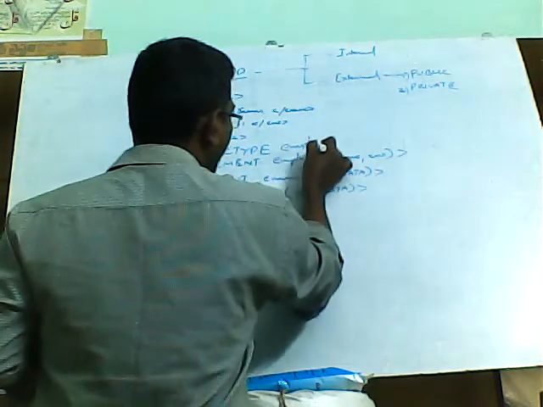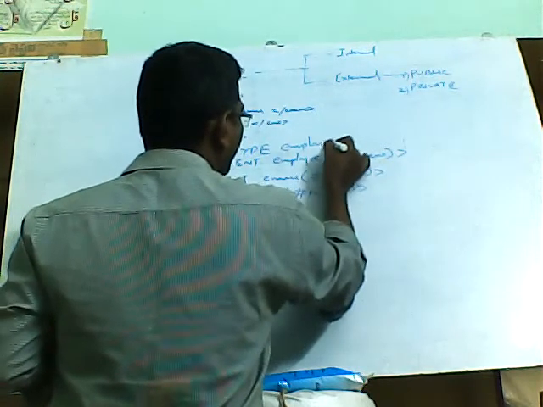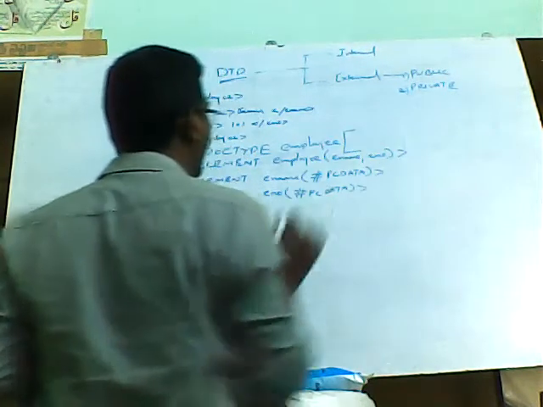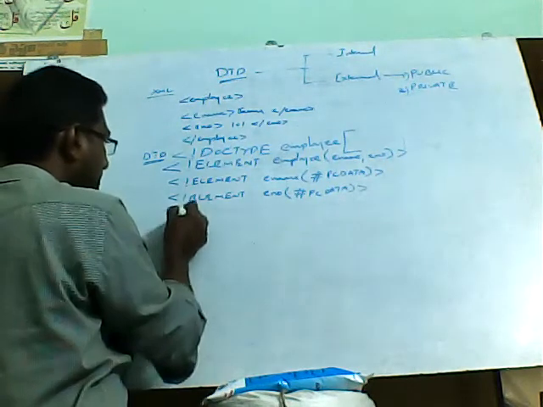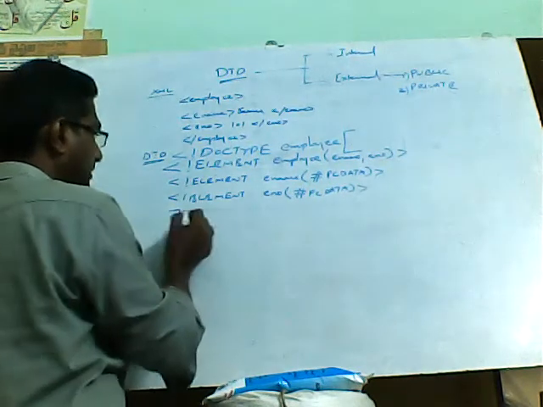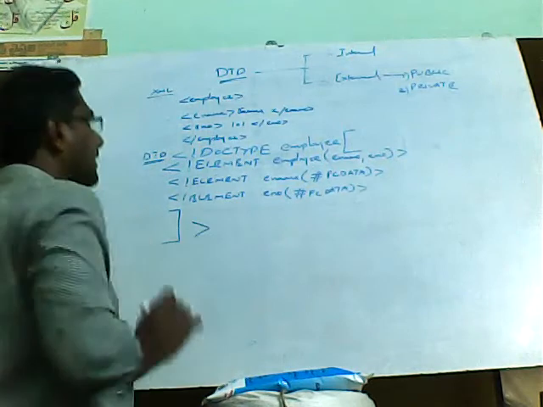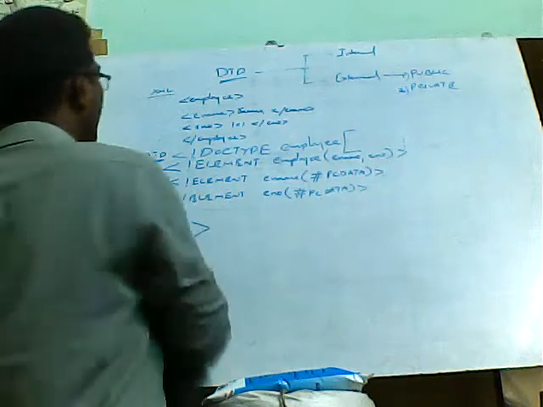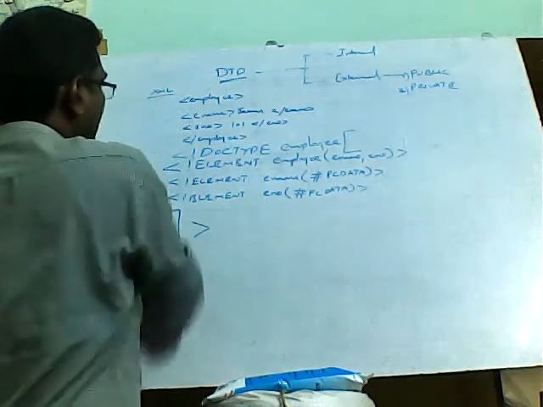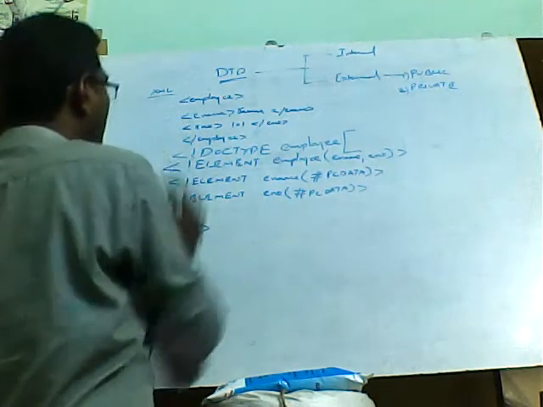Employee is the root element. Then I need to start the square brackets, and all these rules we need to write for all the elements, and close the square brackets. Then the greater than symbol. Now we won't save this separately. In one file only we will save.